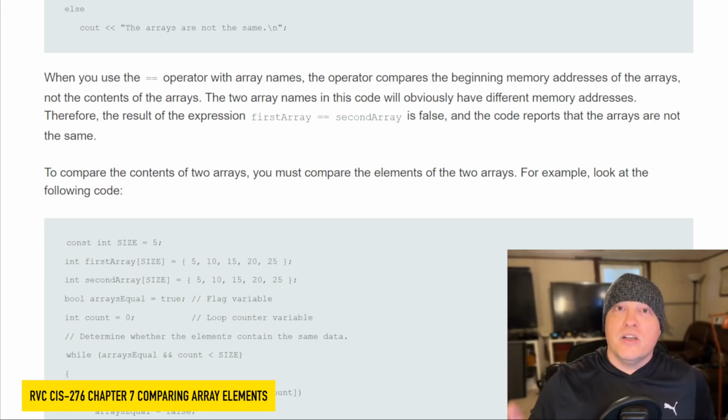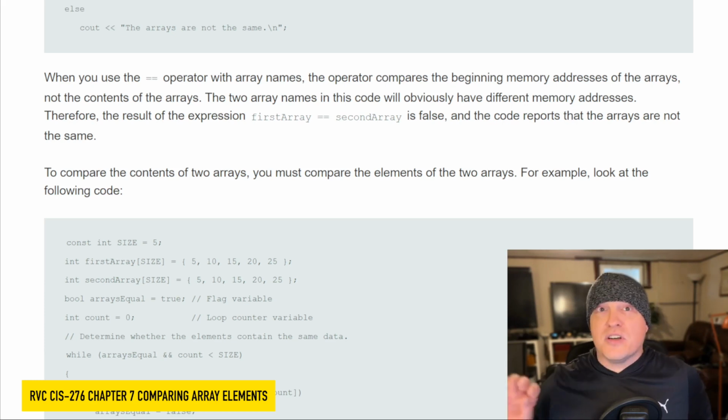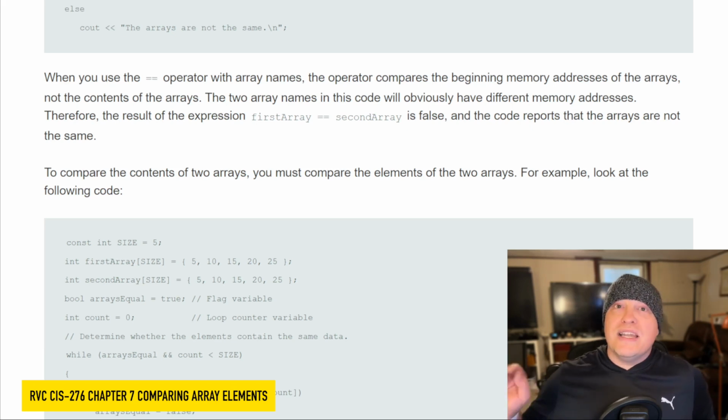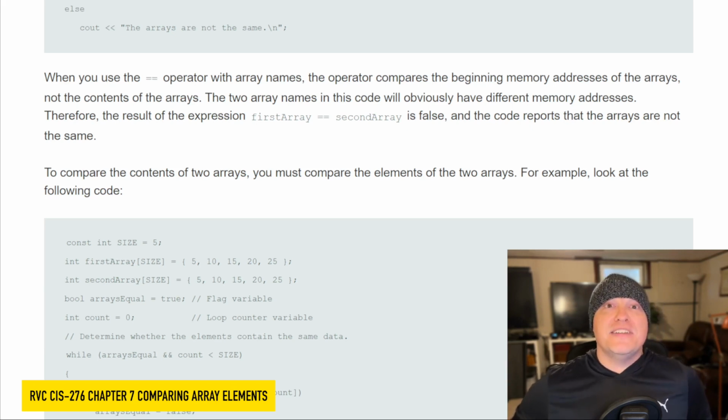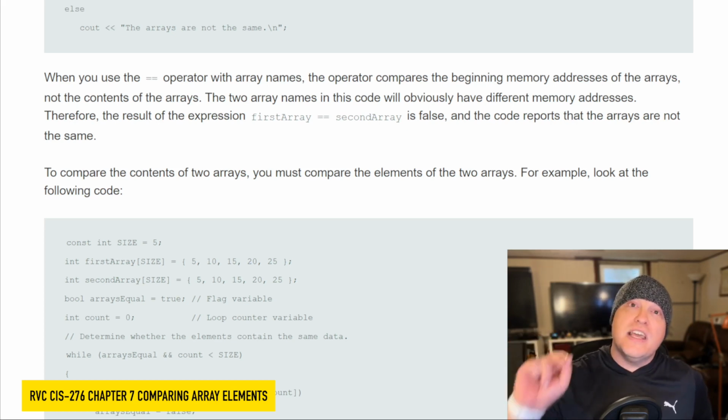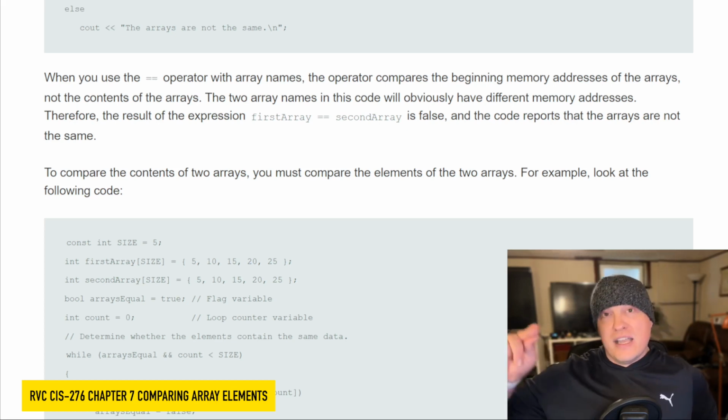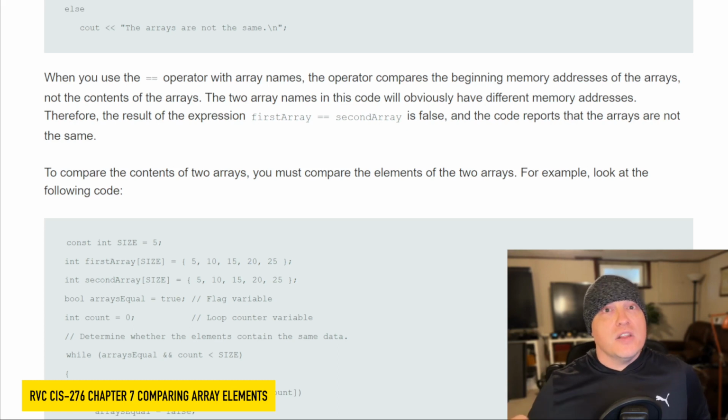That gets really gross. This is why this turns up in a code sample here at the end of the chapter. So we cannot use the equals equals comparison operator here. We have to test individually the elements of one array against the elements of the other array. And it just so happens that for loops work really, really well for this.